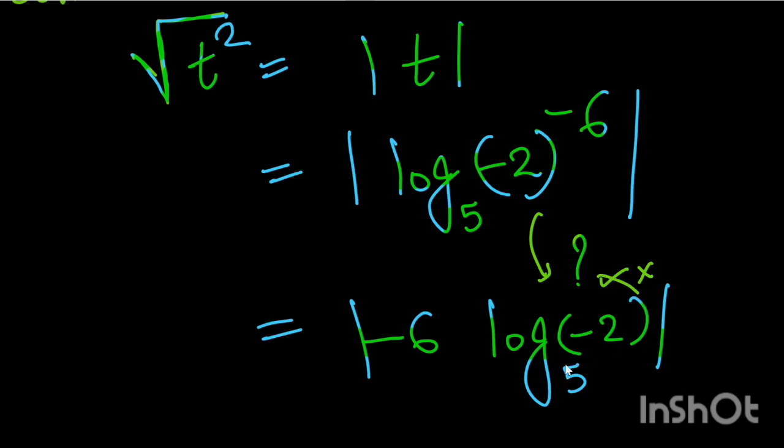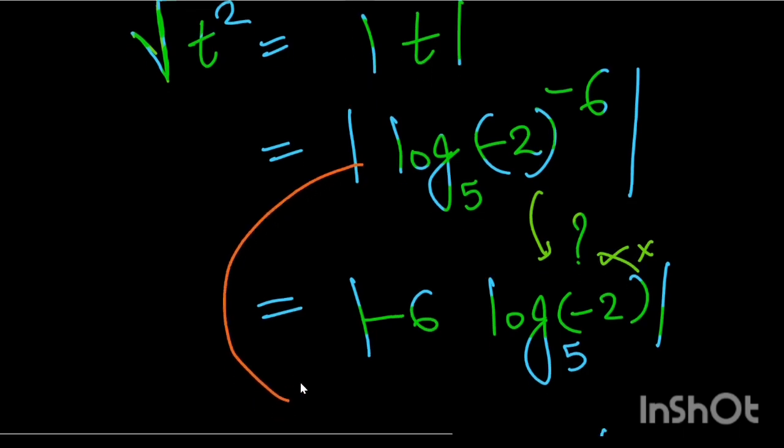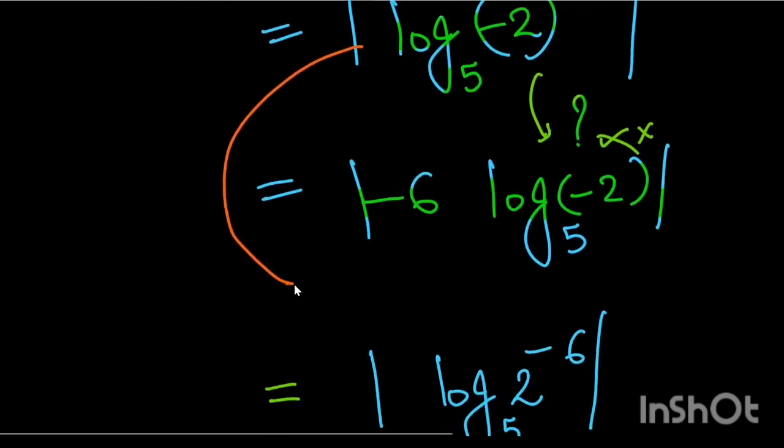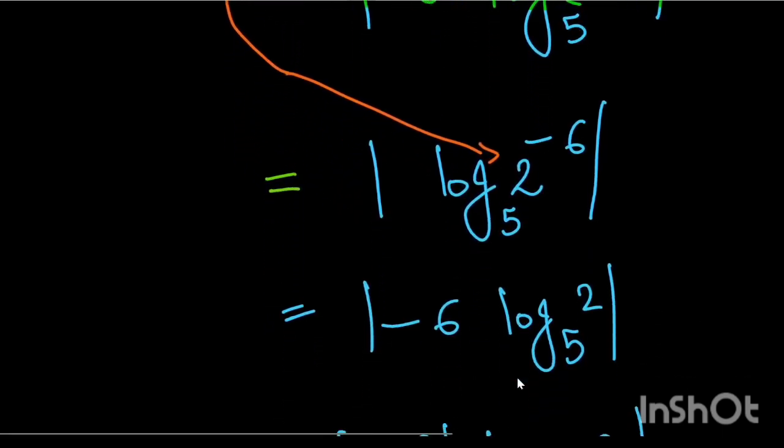So that's why we need to do what? We need to write this minus 2 to the power 6 as plus 2 to the power minus 6. And then minus 6 will come down in multiplication using the log m to the power n property.